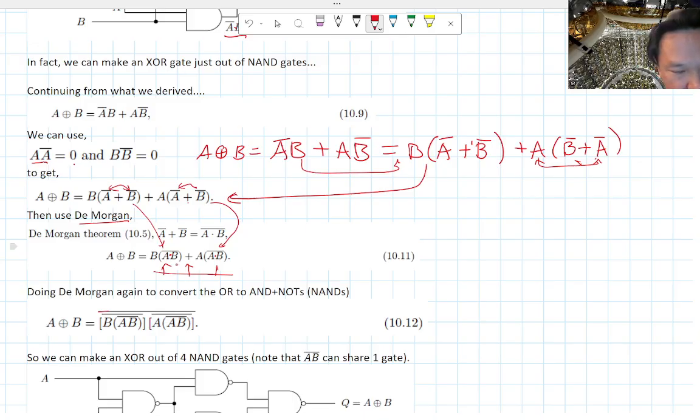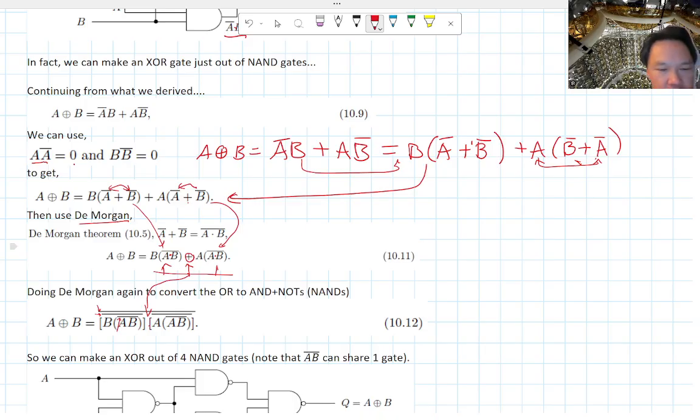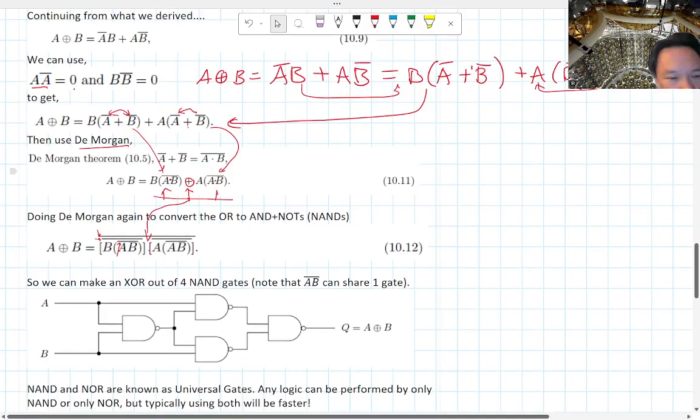Okay, if I put a giant bar around this, I can switch this OR once again to another AND. Okay, and if I have enough bars, there's actually 3 bars over the entire thing. This is the third bar, this is the second bar, this is the original bar we already had. Okay, we can convert all those ORs to ANDs. In fact, the whole thing is actually a giant NAND because we're always getting the opposite of the result.